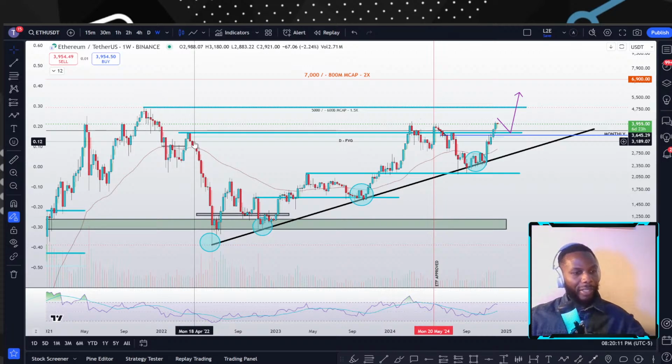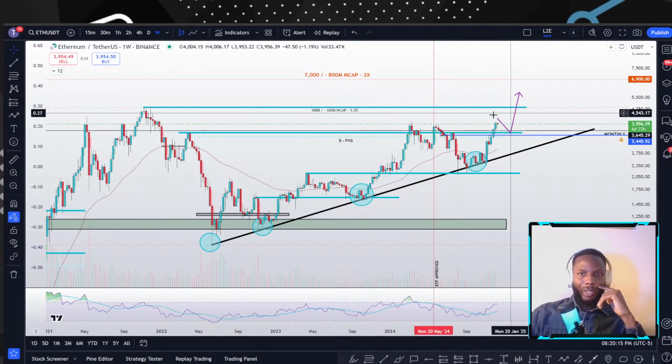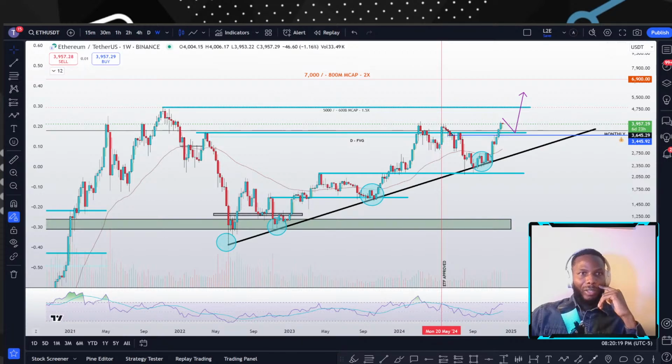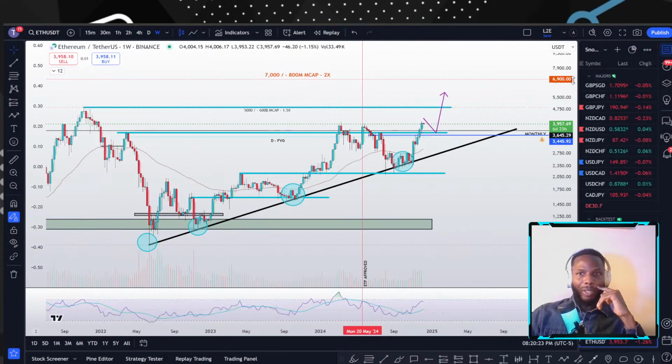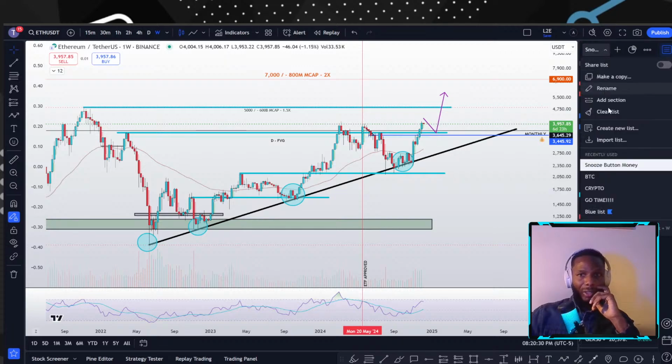And that's pretty much what I'm looking for. Now I want to go into another chart that I'm going to do a markup on. But just before that, I'll show the Bitcoin dominance chart because I think that chart is really interesting.